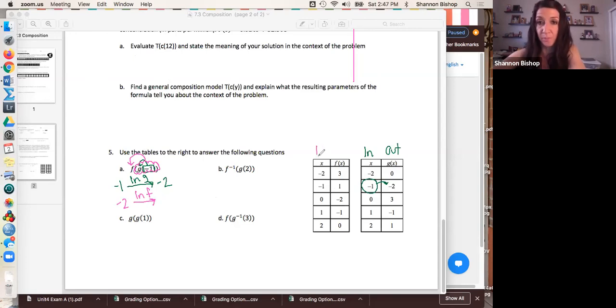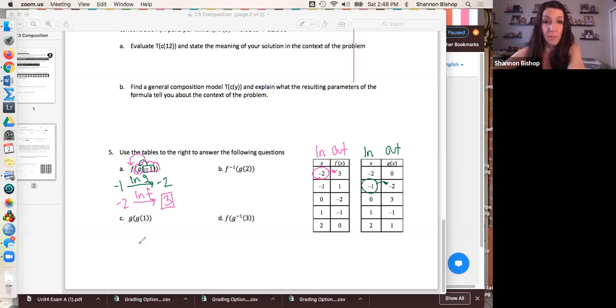This one, inputs and outputs. And once again, you're looking to plug -2 into the function named f. So -2 for the input is right here. And so the answer is 3. So the final answer is 3.